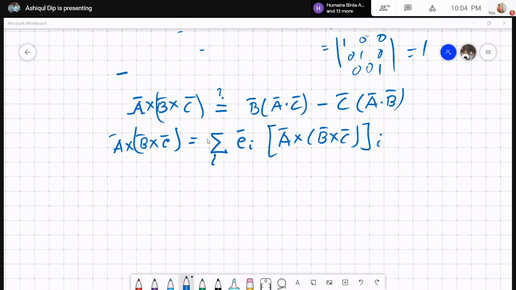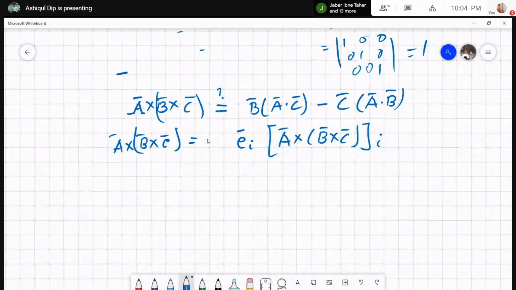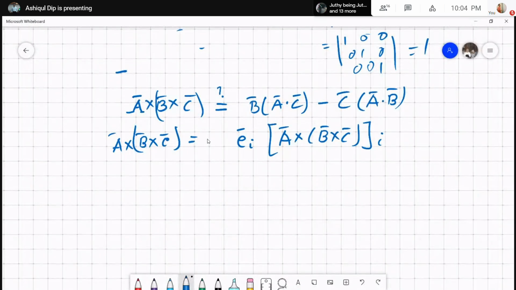Is there anyone who doesn't want it? I think I can drop the sum signs, right? Yeah. So let's not bother about sum signs. We understand that as long as we have a repeated i, it means it's summed over. Okay, great. So now we are talking about the ith component of this cross product. This is one object and this whole thing is another object, right?